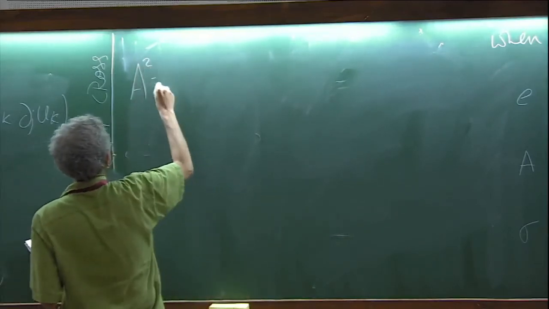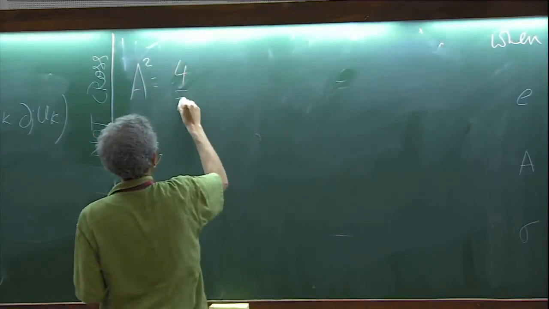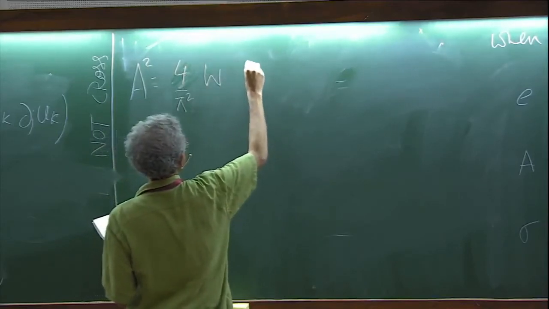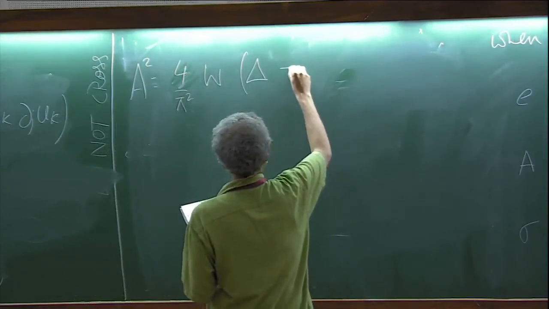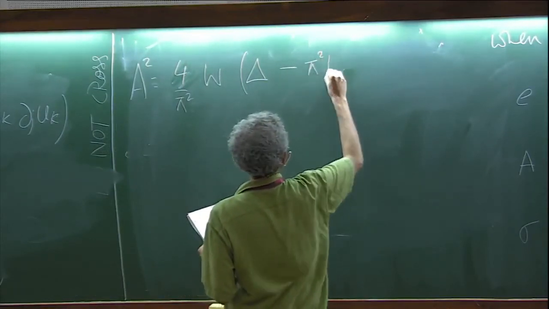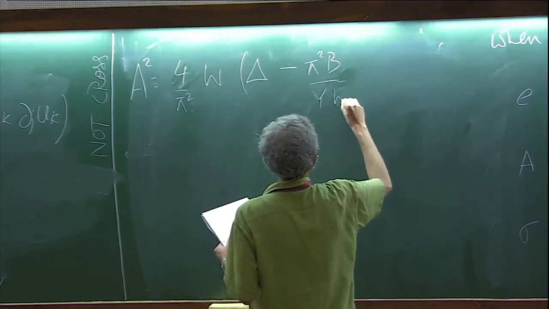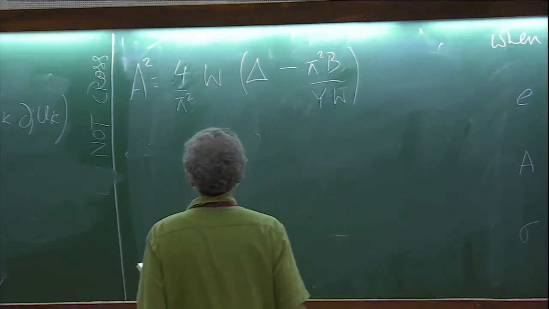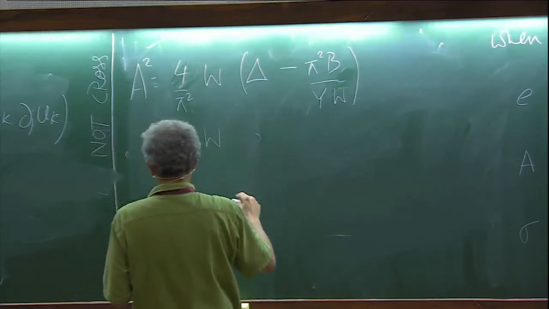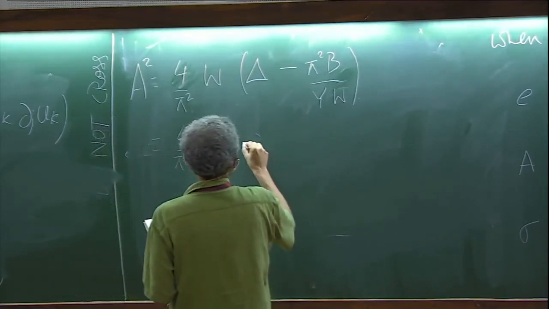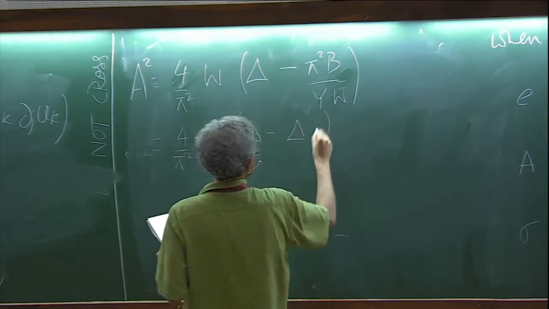I get a squared equals 4 over pi squared w times delta minus pi squared b over Y times w, or 4 over pi squared w times delta minus delta c, where delta c is this object.